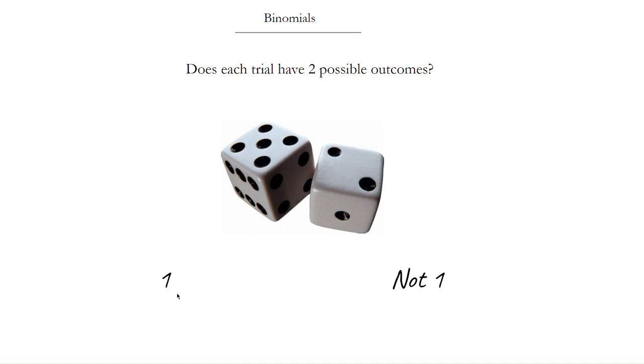So you're trying to get a one. It's either getting a one or not getting a one. The chance varies. The chance of getting a 1 is 1 out of 6, and the chance of not getting a 1 is 5 out of 6. Although there are 1, 2, 3, 4, 5, 6, it's still always two possible outcomes.